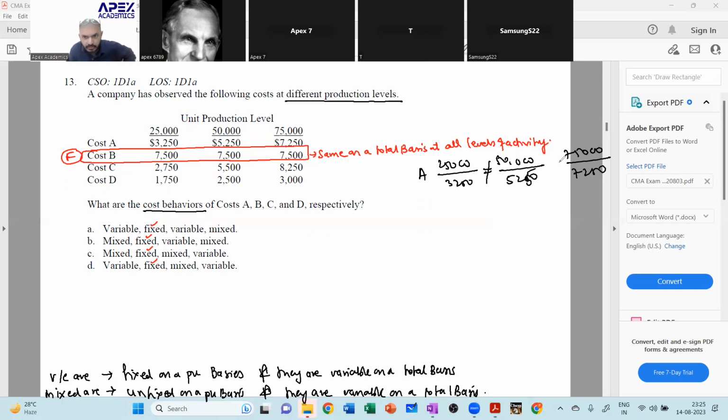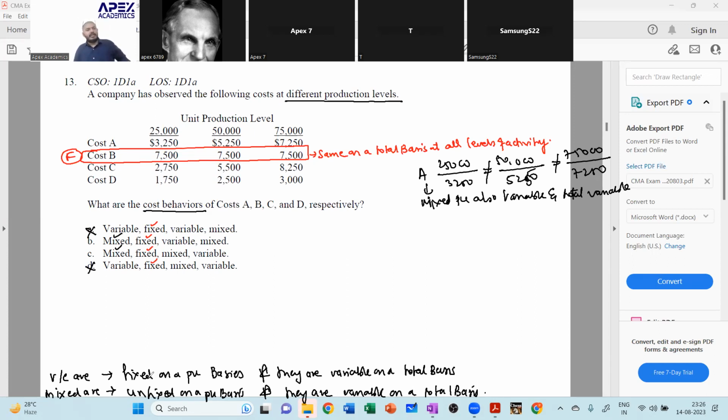So these two are not equal, obviously these two also will not be equal. 75,000 divided by 7250 gives me 10.34. So this was 7 point something, this was 9 point something, and the last is 10 point something. So they are not equal. This cost on a per unit basis is variable and on a total basis it is also variable. Therefore, A is outrightly a mixed cost. So whoever says mixed for A in the first option is correct. Option A and D have been ruled out.